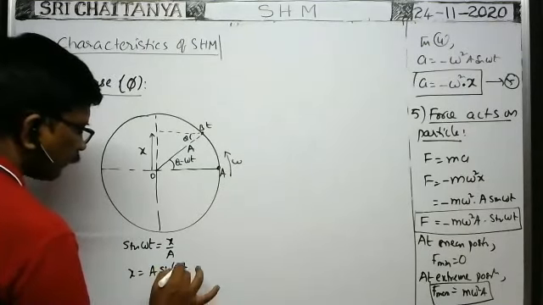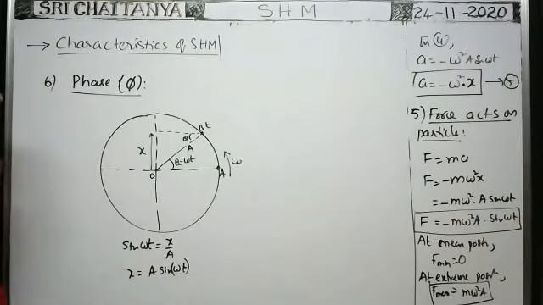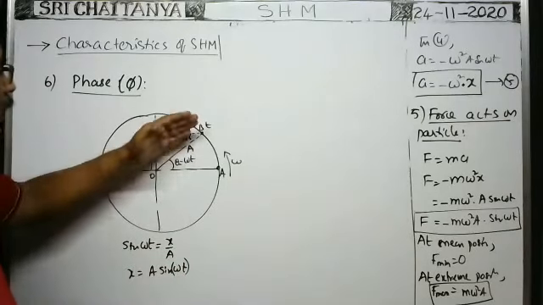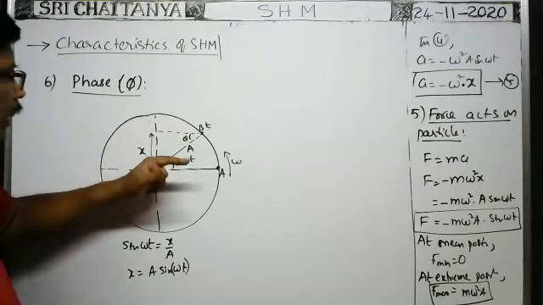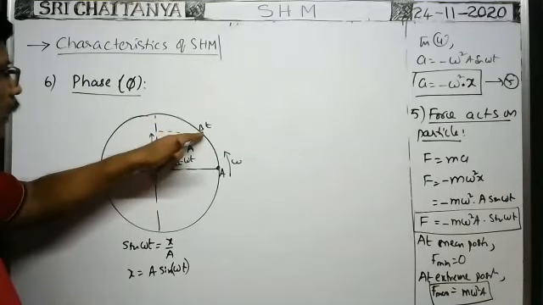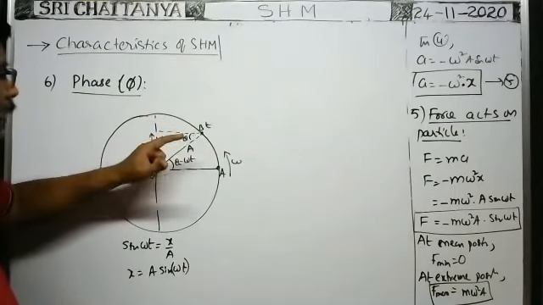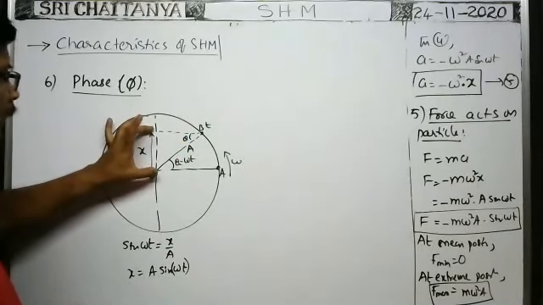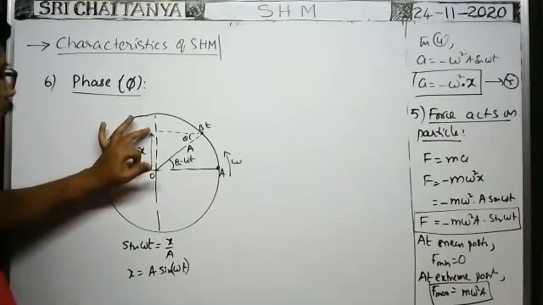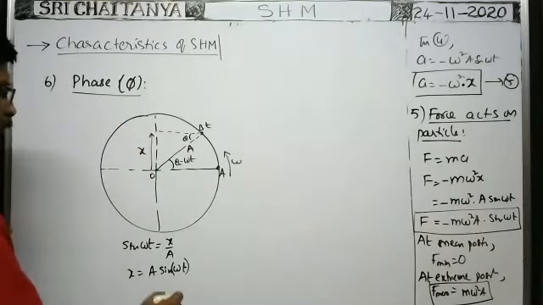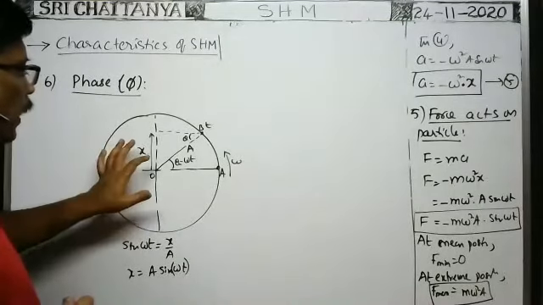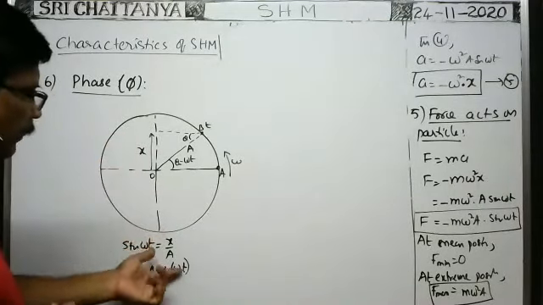Here omega t means that after t seconds, we can say where the particle lies in the reference circle, and at the same time where the particle in SHM lies. That means from the mean position the particle lies at a distance equal to x. That's why this gives the position and direction of motion of the particle in SHM at any time t.